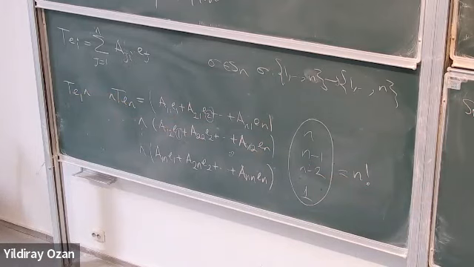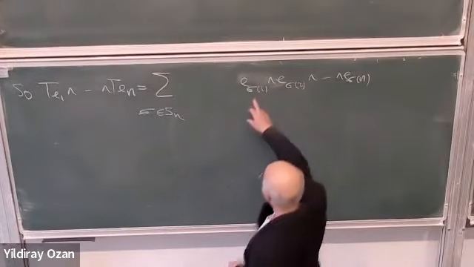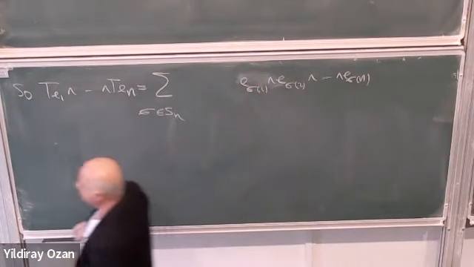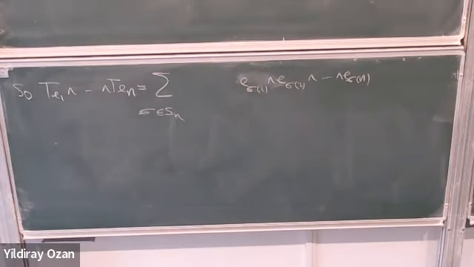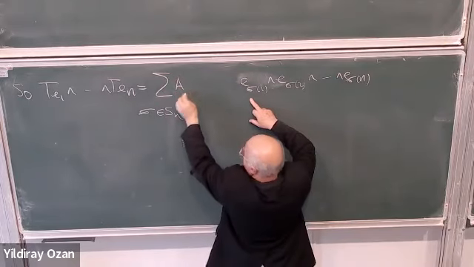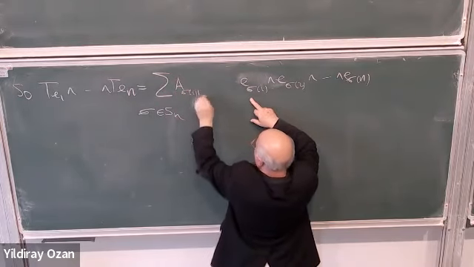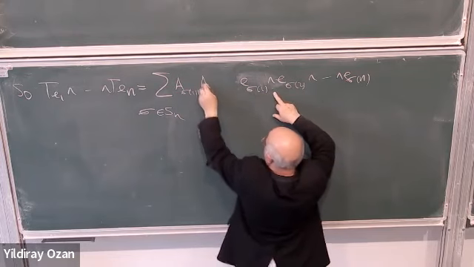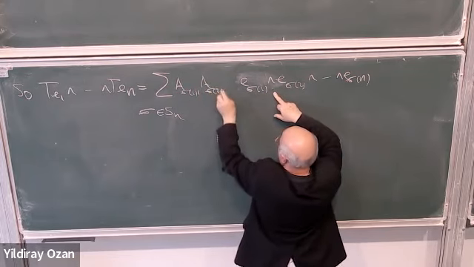Summation over these. And of course, the coefficient is: the first coefficient is a_{sigma(1),1}. The second coefficient is a_{sigma(2),2}.